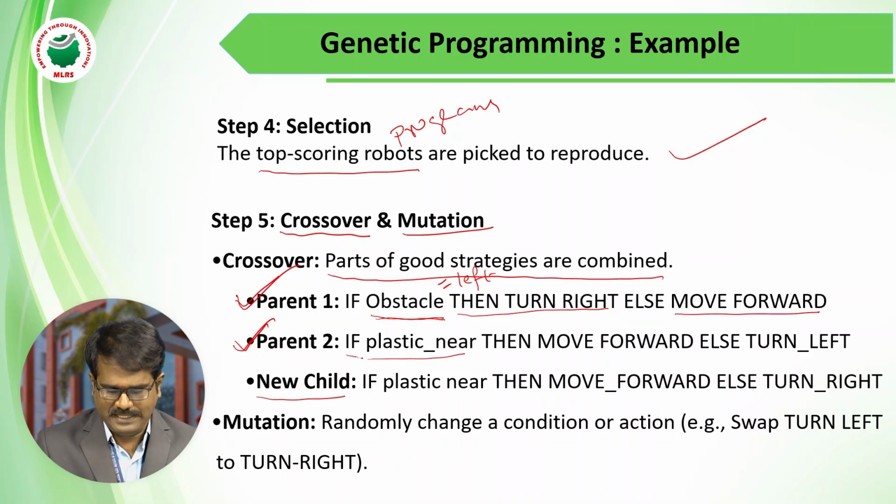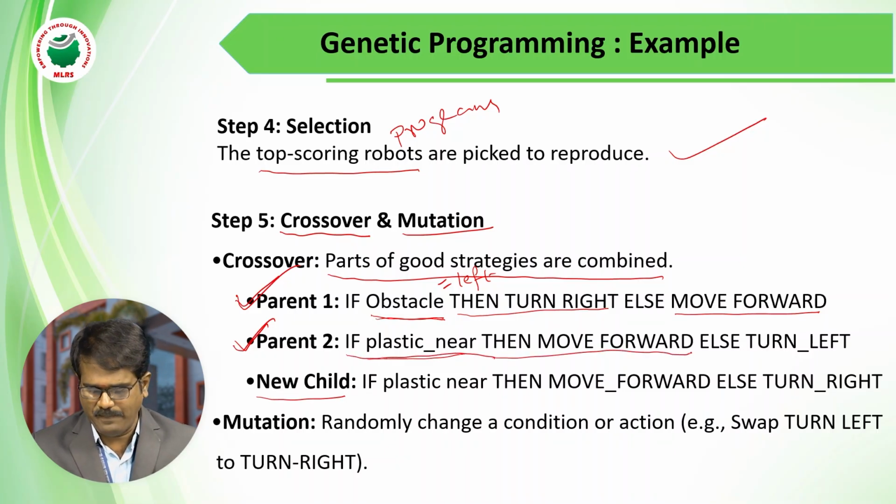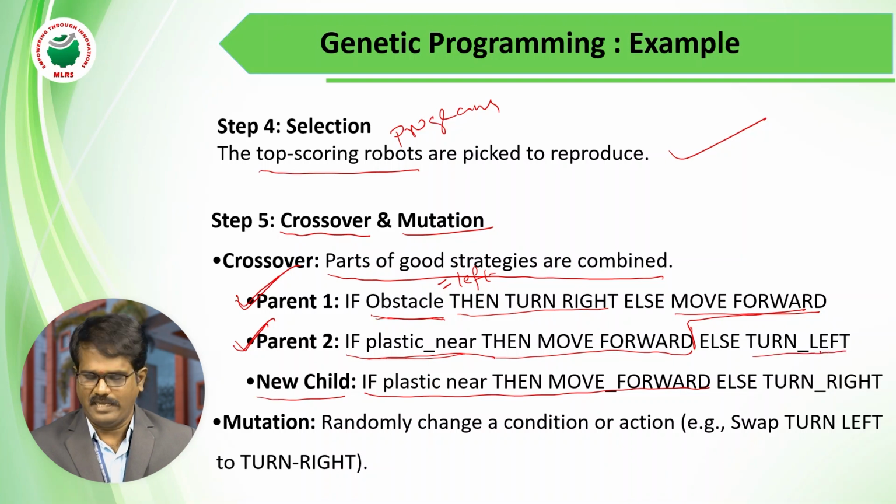If plastic is near, then move forward: I am keeping that the same. Actually, in parent 2 there is else turn left; I am mixing it with else turn right. So one new program is generated with the help of two good programs. That is crossover. After combining the two programs, we get one new program.